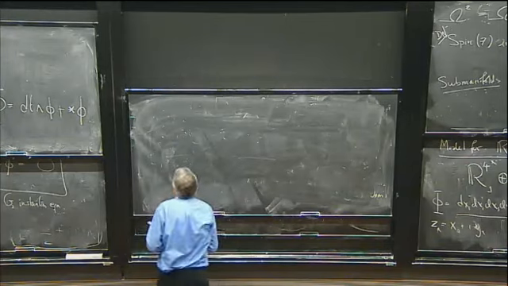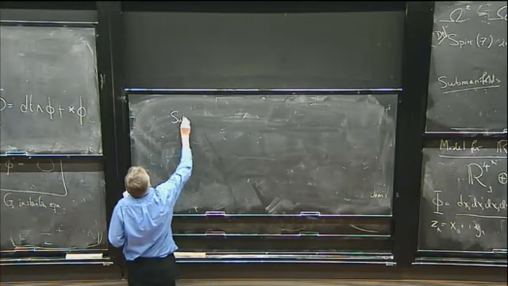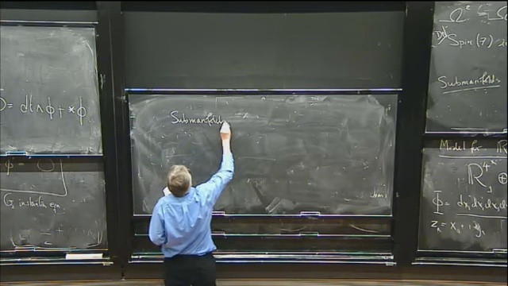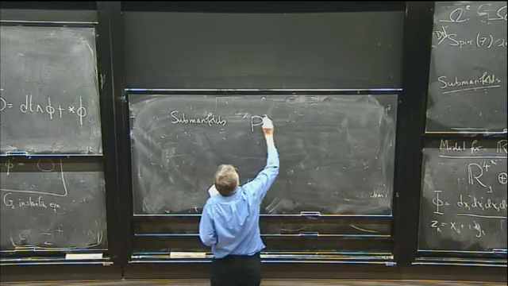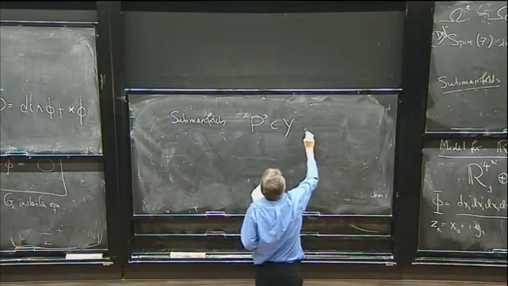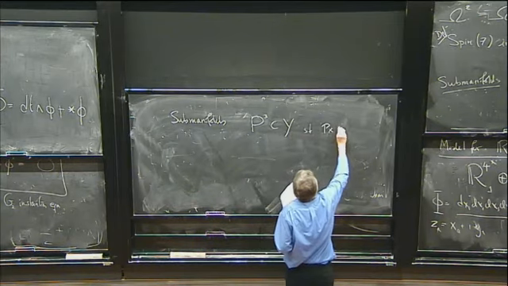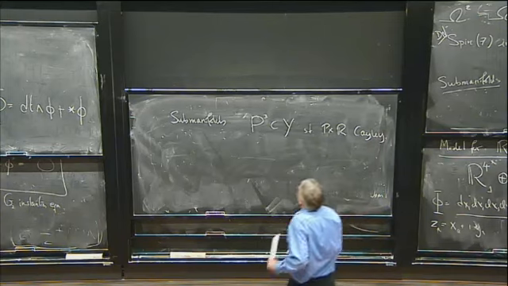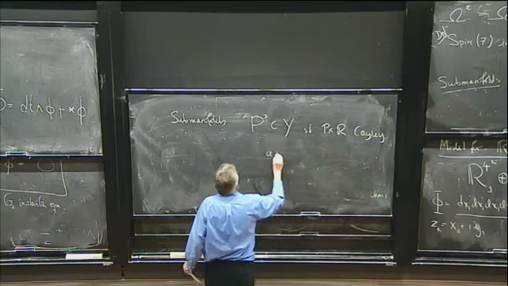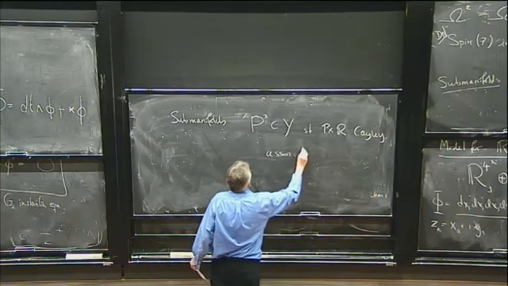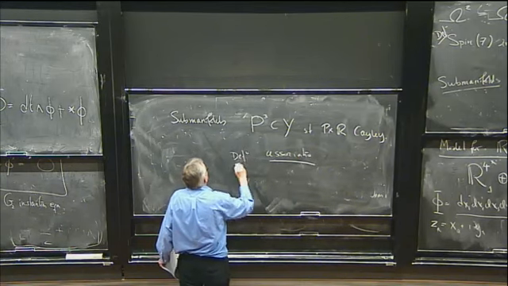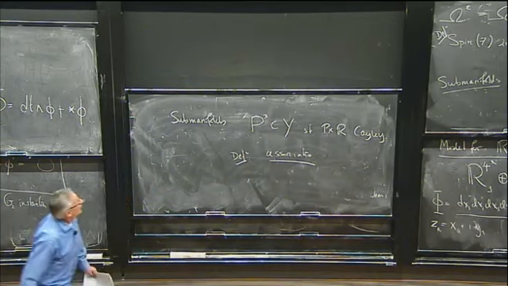So, submanifolds. We can take a P3 in Y such that P times R is Cayley. These are called associative. That's the definition.